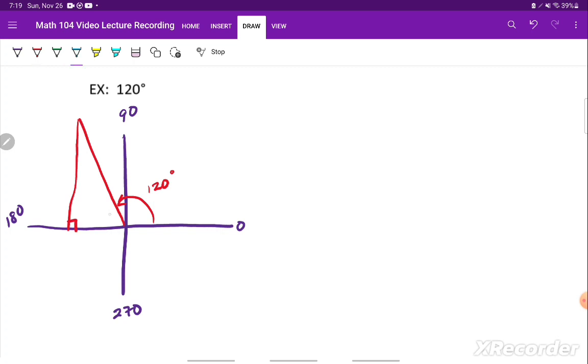Now we need to find this reference angle here. We know this straight line is a total of 180 degrees, and our angle is 120 of it, so we just need to find the remaining part of it. We'll do 180 minus 120 to give us a reference angle of 60.